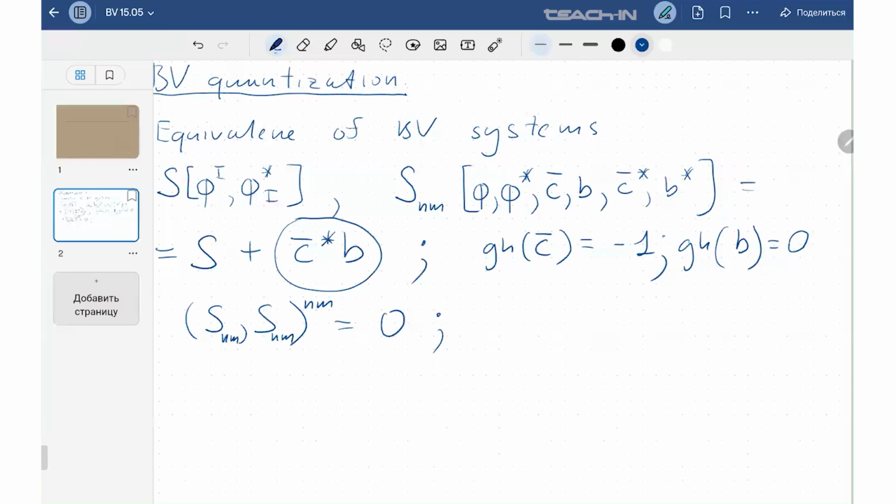In other words, variables b and c bar star are just auxiliary fields. But because we are working in BV formalism, we have, together with them, their conjugated anti-fields b star and c bar. So this action S non-minimal, this BV system based on S non-minimal, and S are equivalent.